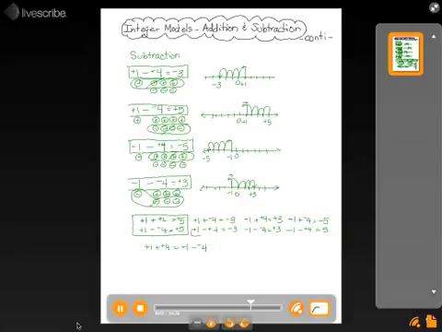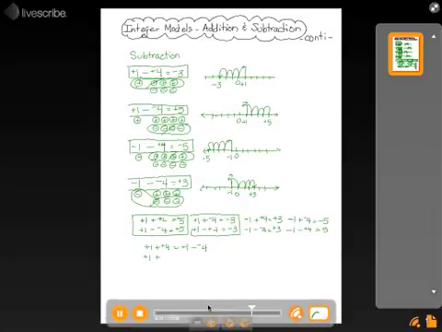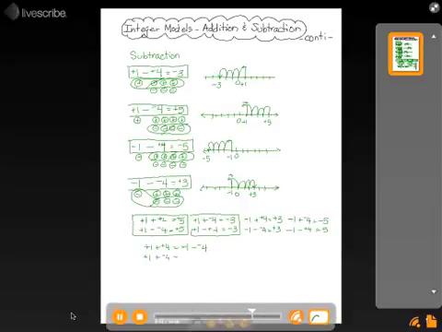And these two problems are equivalent. So a +1 plus a -4 is equal to a +1 minus a +4.